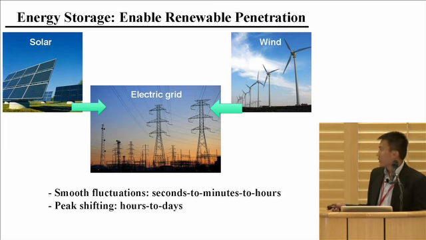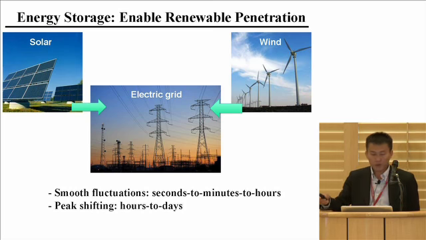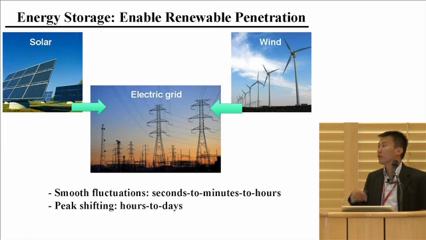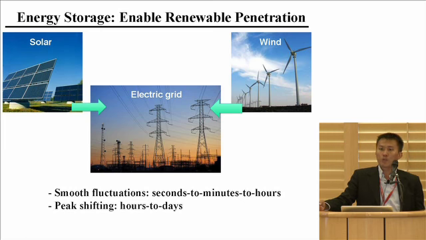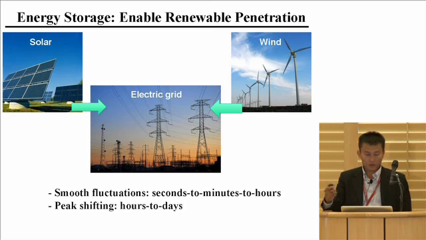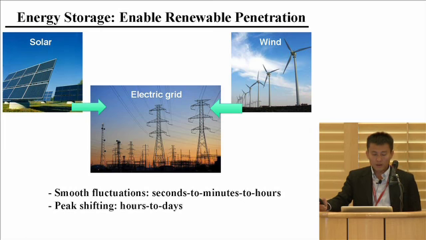You see second-to-minutes and minutes-to-hours fluctuation in the power, so you need to smooth out that fluctuation. Also, when you generate electricity, it might not be the time you use all of it, so you need to store it. You need so-called peak shifting from hours to days.